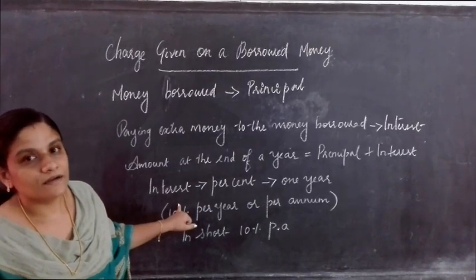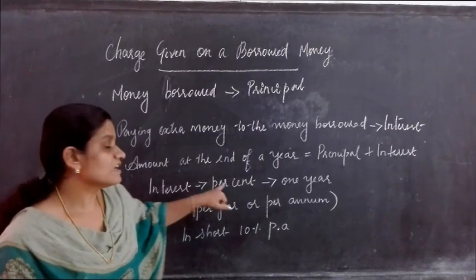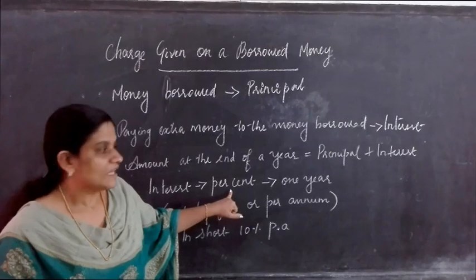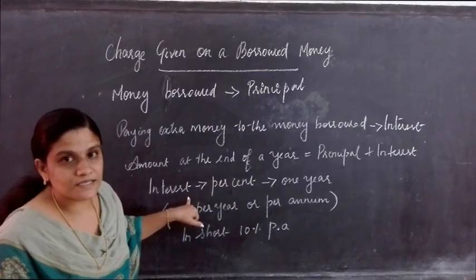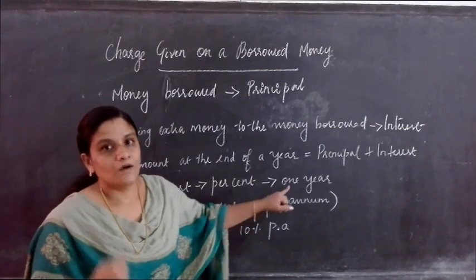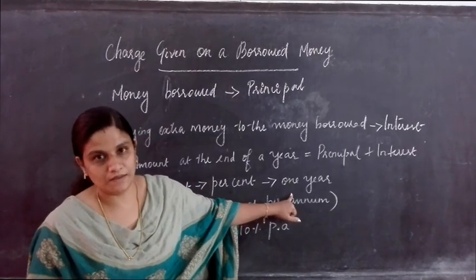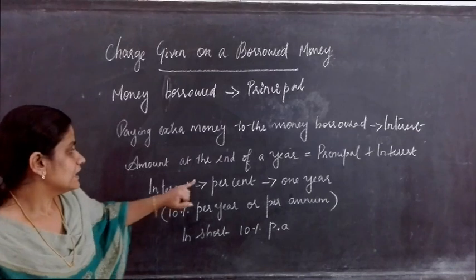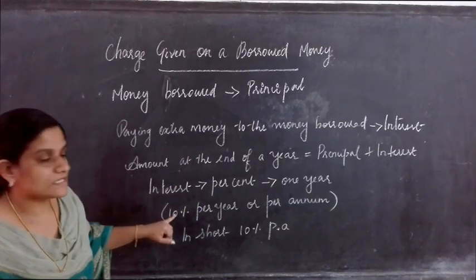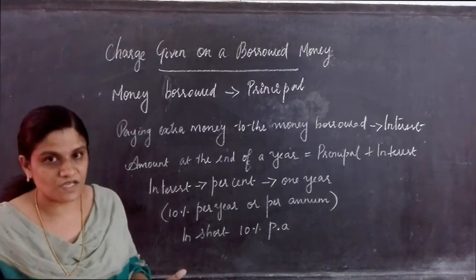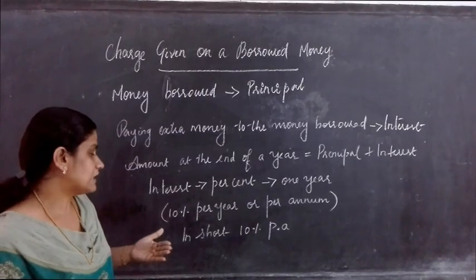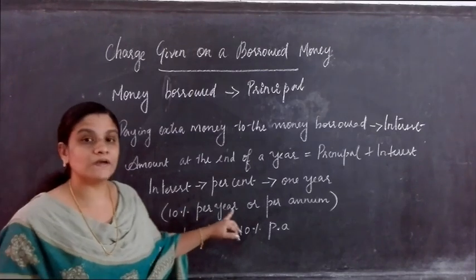The next one is the rate of interest. It will be denoted in percent. Okay. And this interest will be for 1 year. Each year the interest will be there. And we can write it as, if it is 10% interest, we will write it as 10% per year.